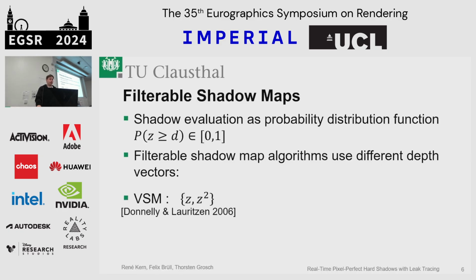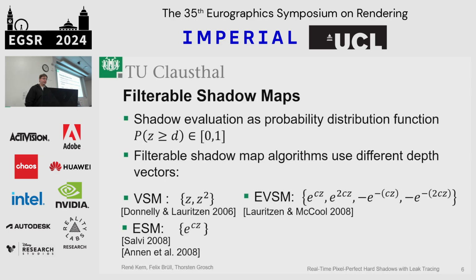So for example, there are variance shadow maps which store the first two moments, so depth and depth squared. Then there are exponential shadow maps, which store an exponential function to approximate the shadow. Then there are exponential variance shadow maps, which combine both of these techniques. And then there are also moment shadow maps, which store the first four depth moments too, and use the four moments problem to approximate the shadow.